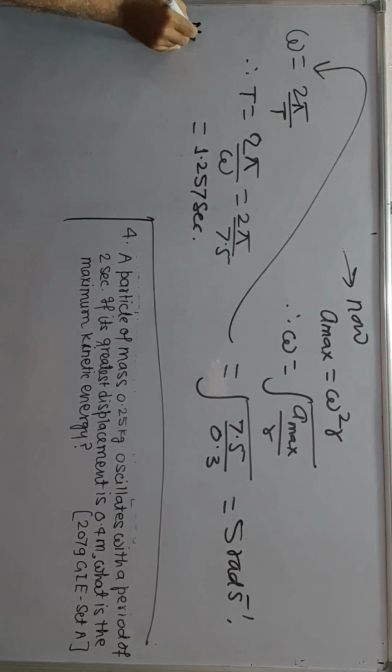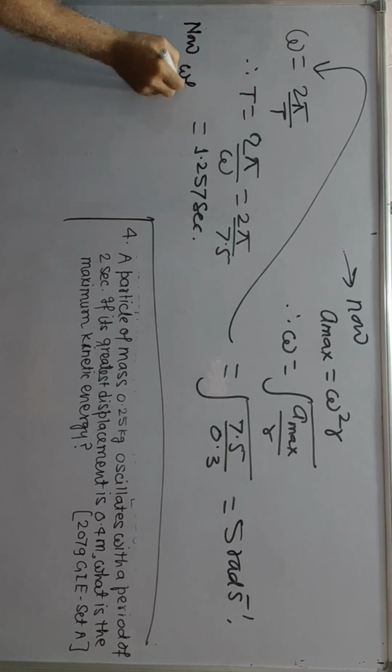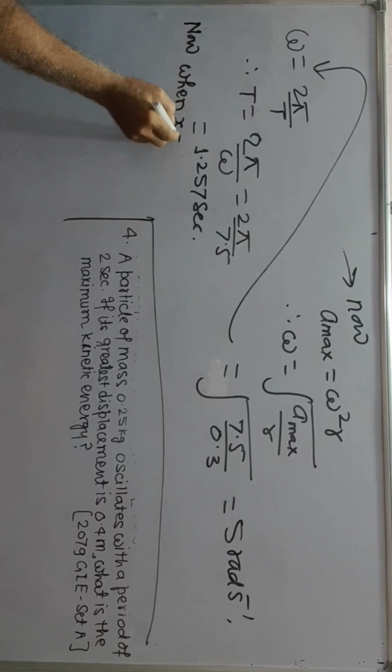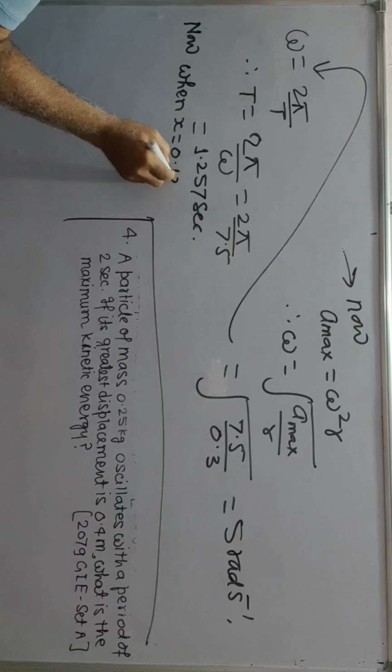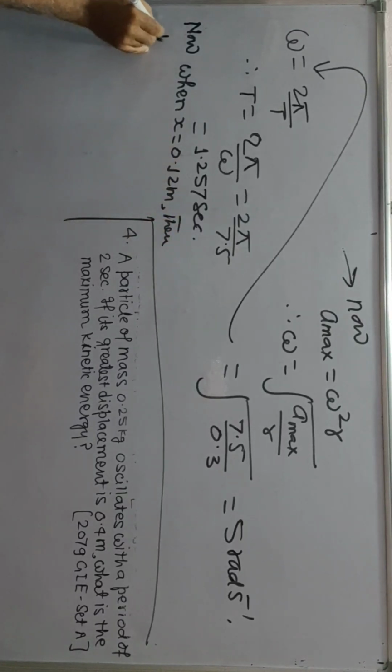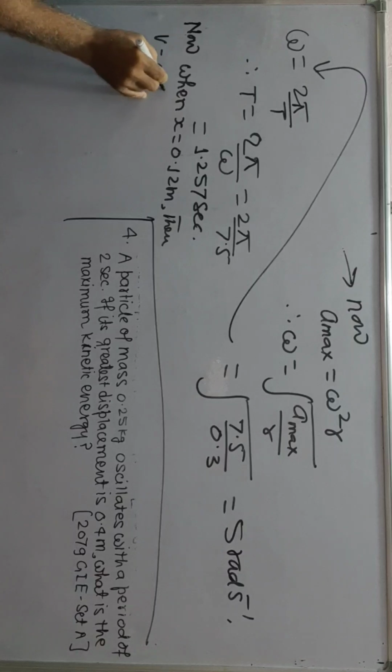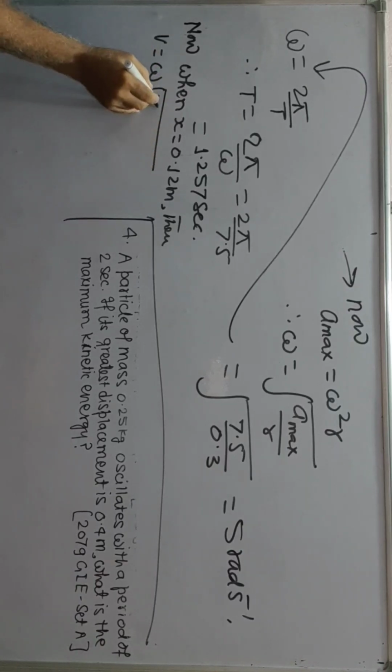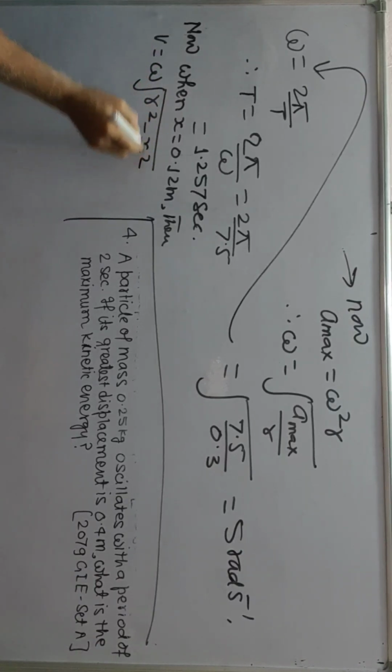Now when x is equal to 0.12 meter, then velocity will be equal to omega into under root r square minus x square.